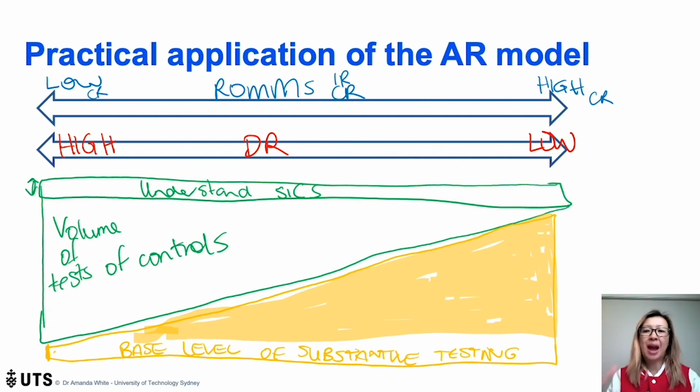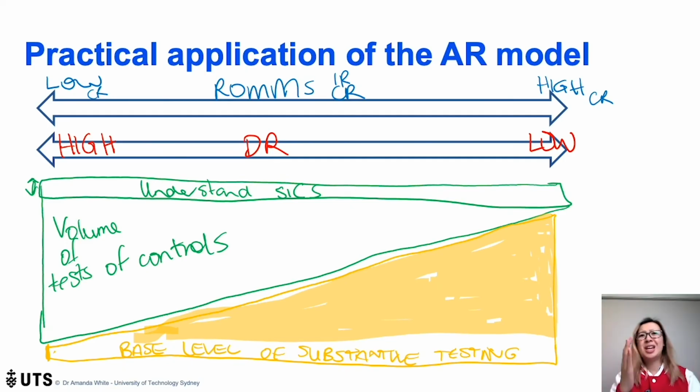So that's how we practically apply and come up with our strategy. So when I say, tell me what your strategy is, as my detection risk is high, I'm taking a strategy that focuses on testing internal controls. Or, oh yeah, my detection risk is low, I'm going to focus on a strategy that is mostly about substantive testing.